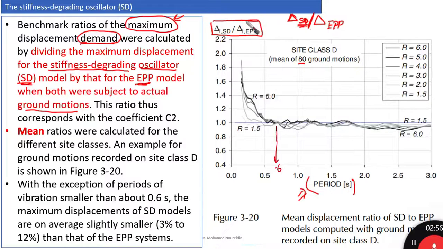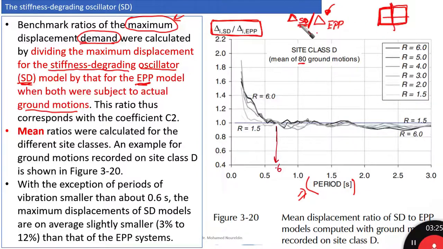So this vertical axis is representing this ratio. As I mentioned before, we are referencing delta EPP as a benchmark because it is widely accepted as a reference, and also it is easy to implement. It is very easy to implement the EPP model because it's almost rectangular, or almost square.